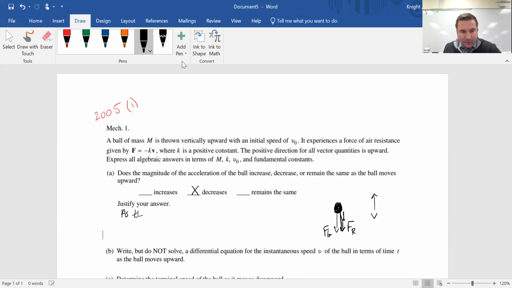As the ball rises, v decreases, which makes air resistance decrease, which was in the same direction as gravity.